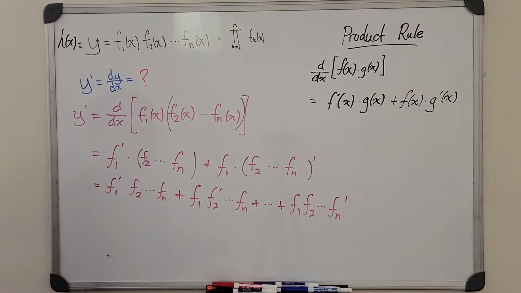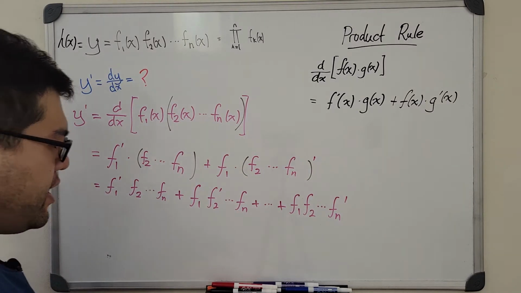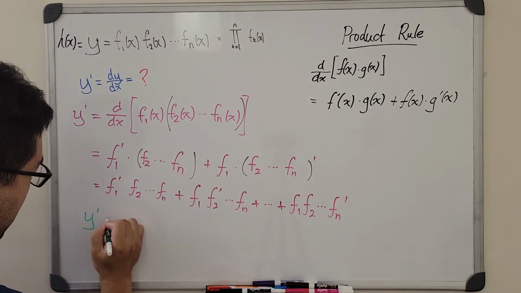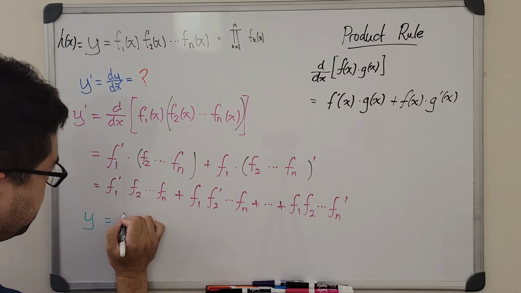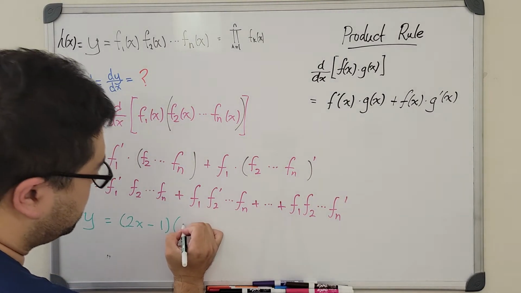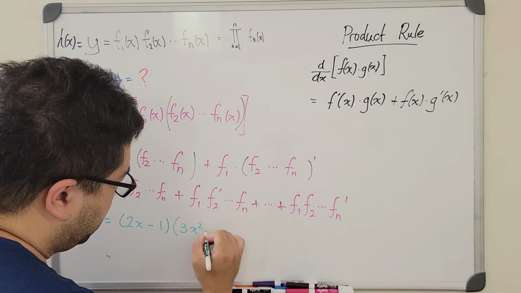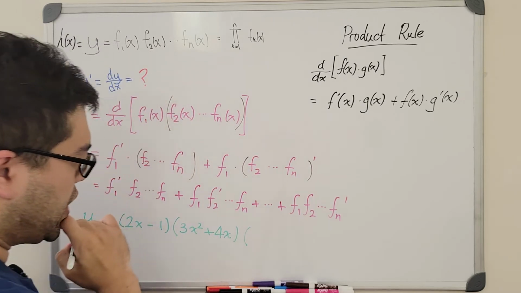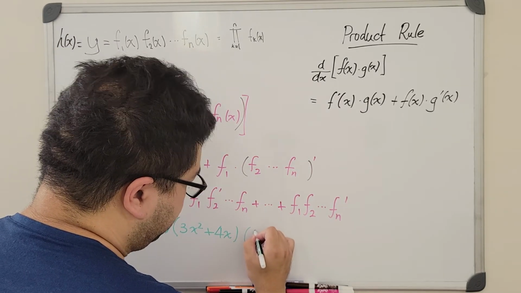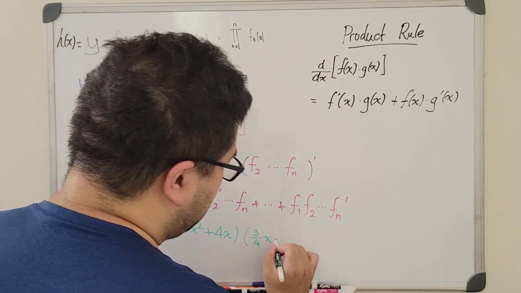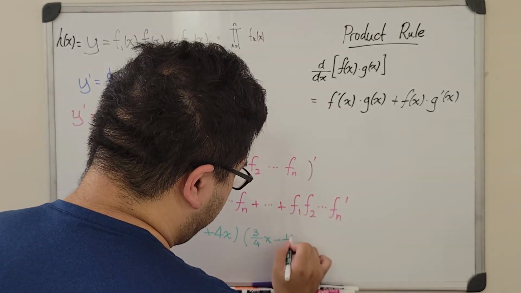Then this is our answer. So how does that help? Suppose we have something like y equals the product 2x minus 1 times 3x squared plus 4x, and then we multiply with, let's say, 3/4 times x minus 1/2.